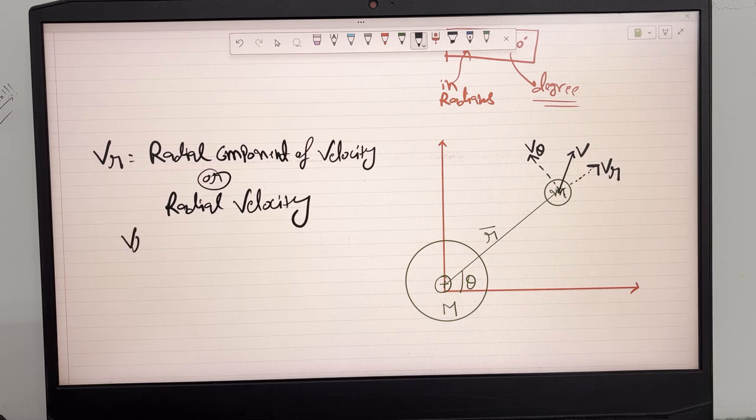This V r is nothing but dr by dt, which is your r dot.